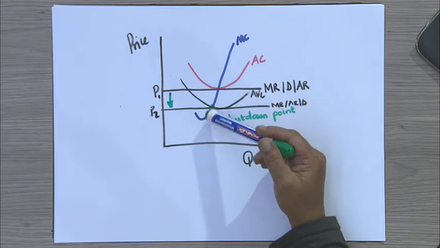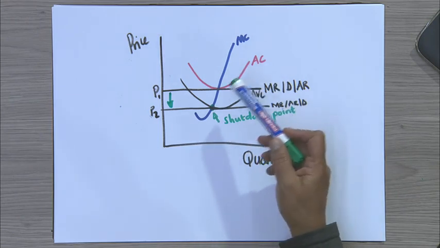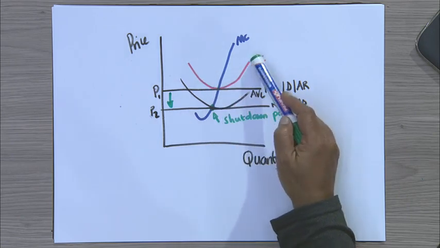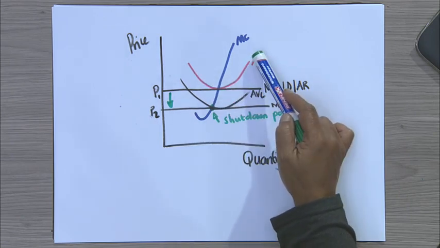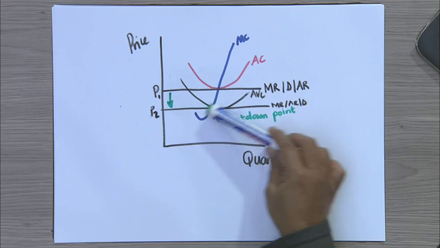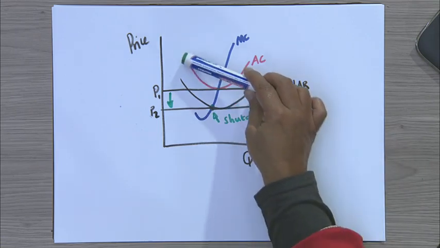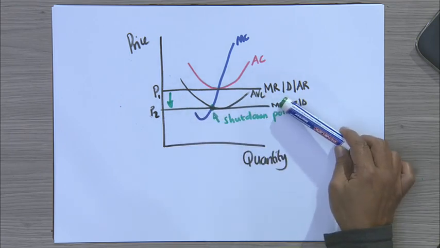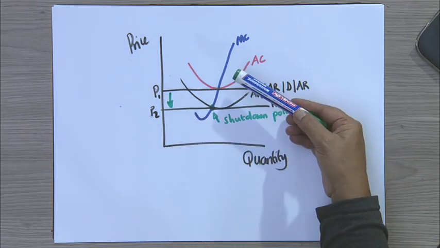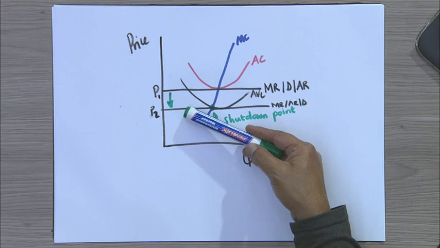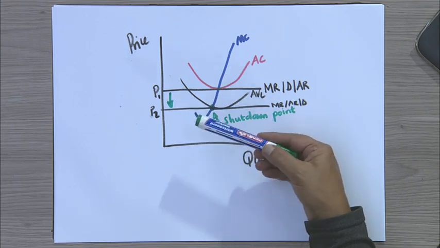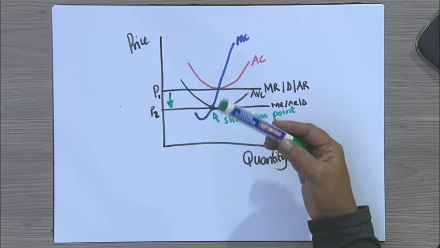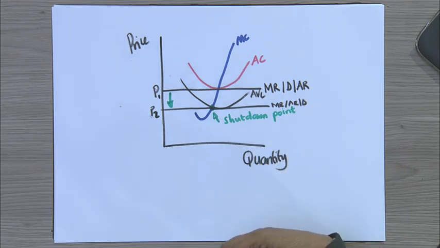So what's happening here now is that's where my AC curve is, right? But this is where my revenue is. So you can see my AC is higher than my revenue, meaning I'm spending more money than what I am receiving. So if I spend more than what I get in, it means I'm making a loss.